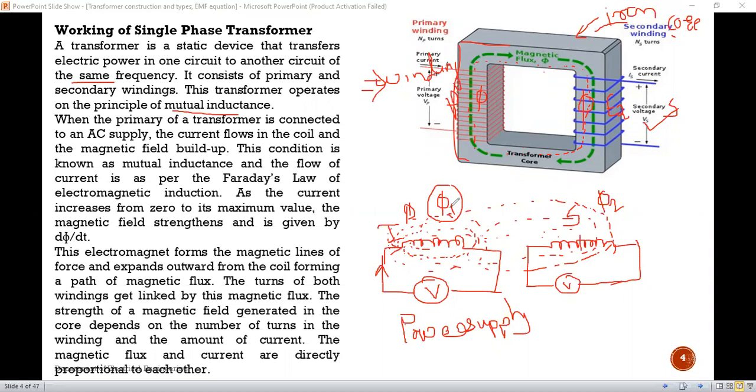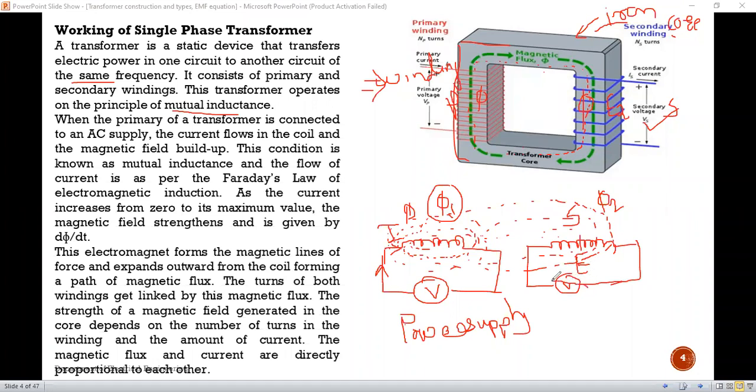Flux phi 1 is set up in the primary coil, and because of it, some flux phi 2 links to and is set up in the secondary coil. Due to that flux, according to Faraday's law of electromagnetic induction, some EMF will be induced in the secondary coil.